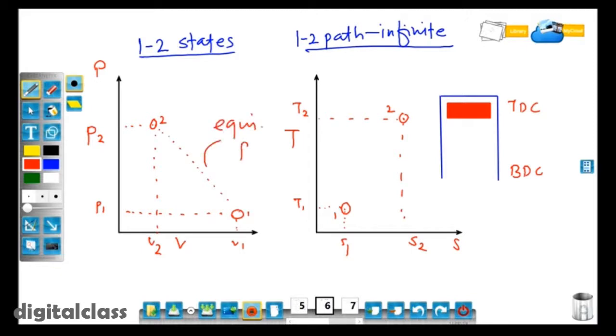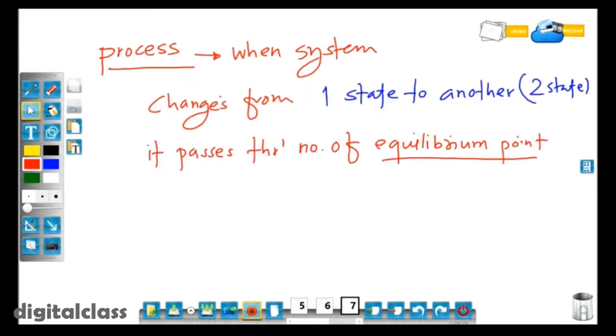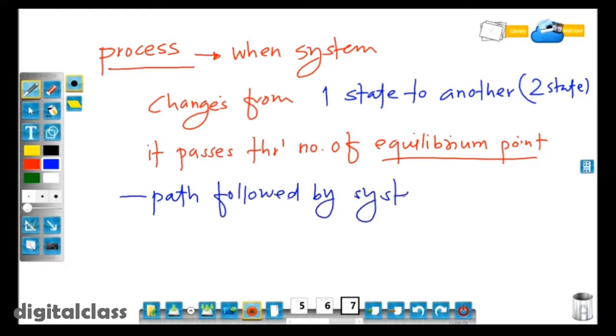These are the equilibrium points. The path followed by the system is called a process.